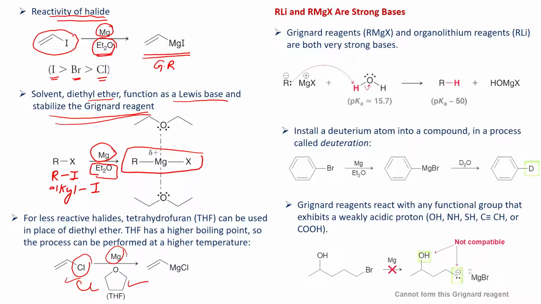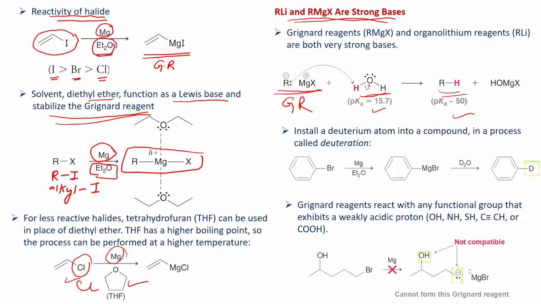Now we'll come to some reactions of organolithium and organomagnesium compounds. So your Grignard reagent reacts very fast with water and will give you alkane. You can see the difference of pKa is very high. So this reaction is irreversible.